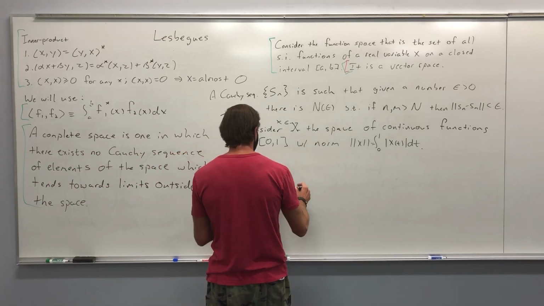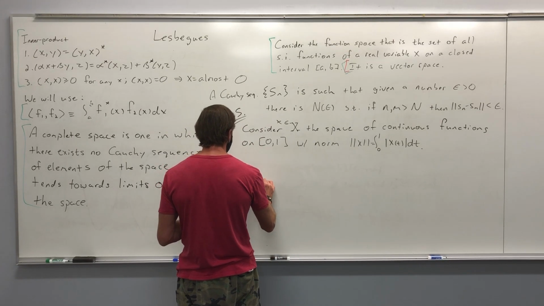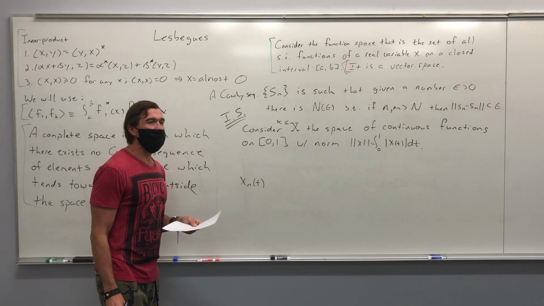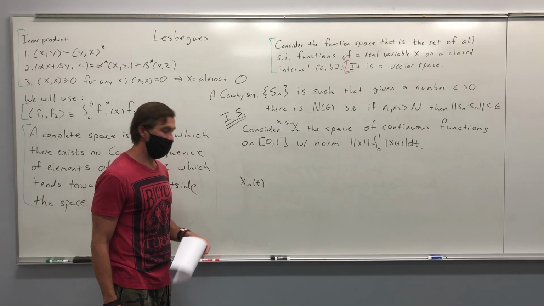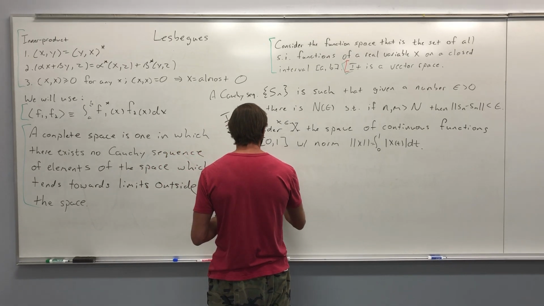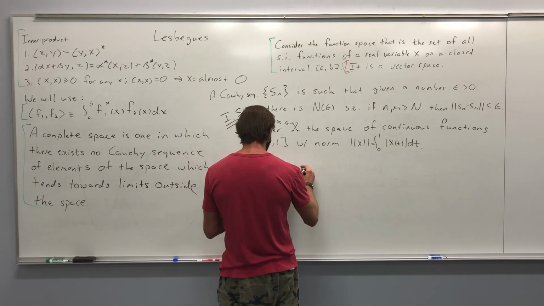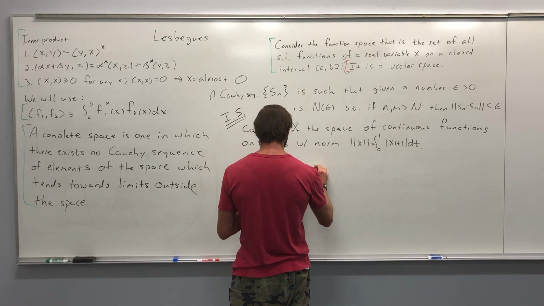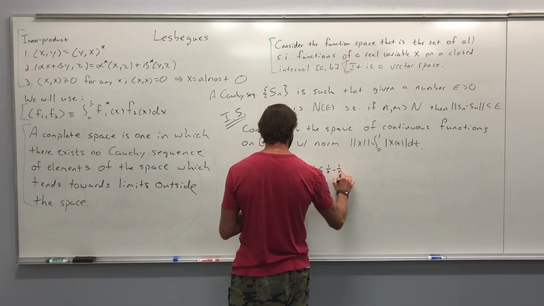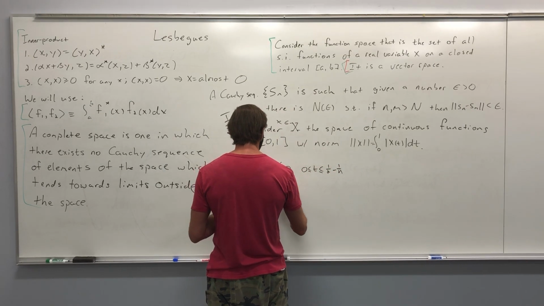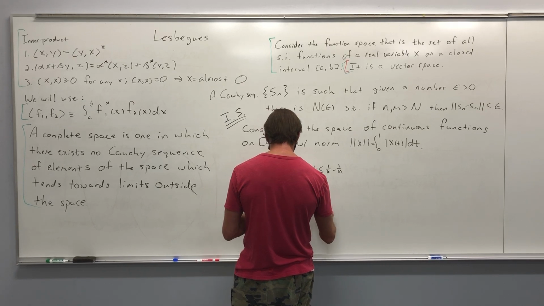Here we go. I am going to define a sequence of continuous functions, which are 0 for t greater than 0 and less than 1/2 minus 1/n. It's equal to 1 for t greater than or equal to 1/2.